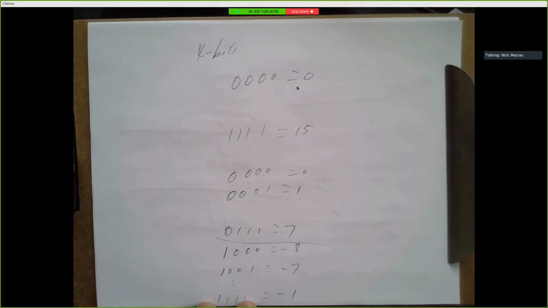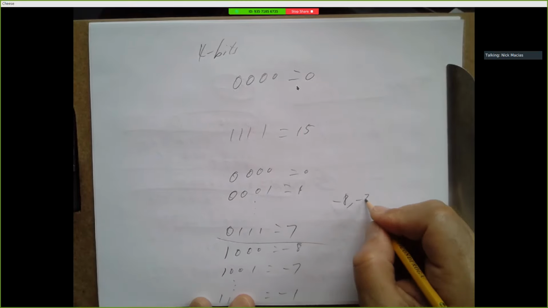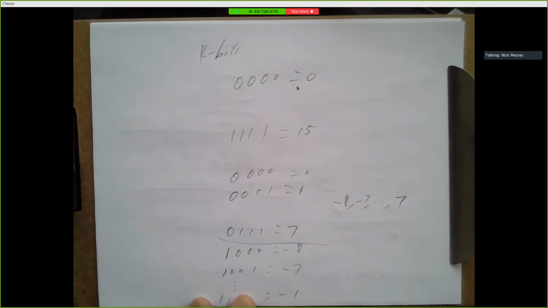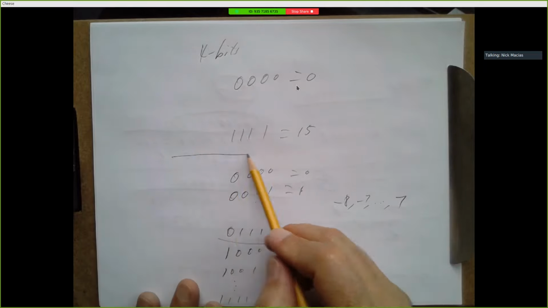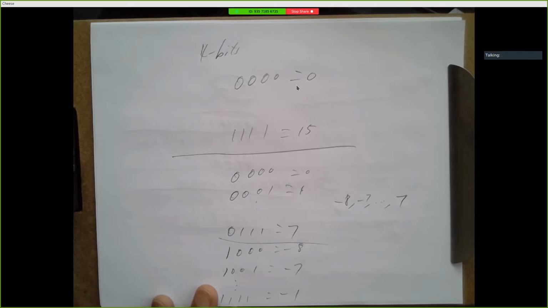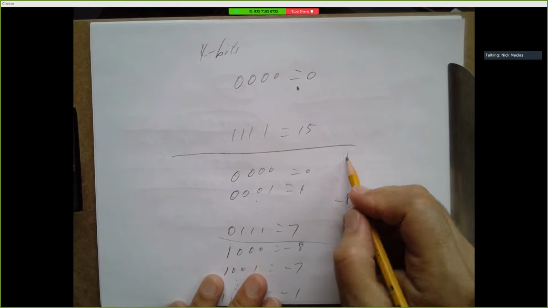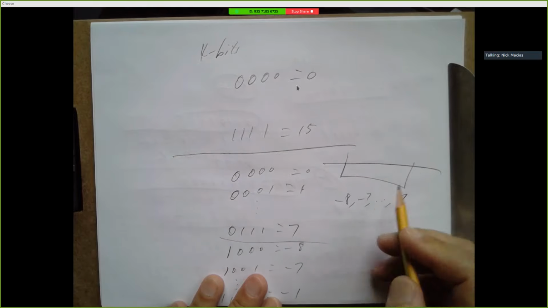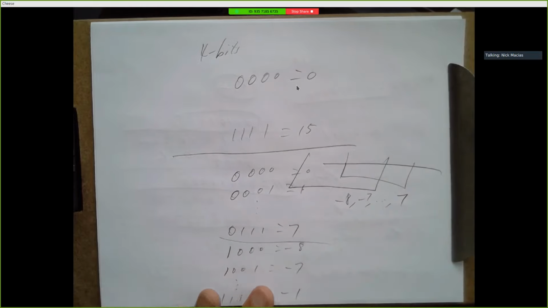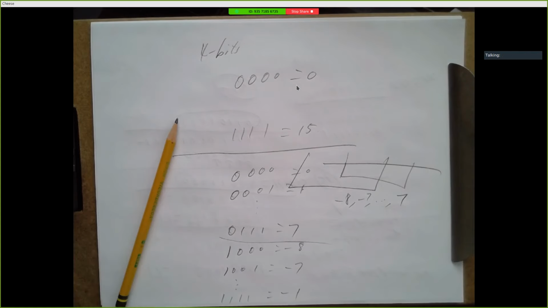So in this case, our range of values is negative 8 up to positive 7. So unsigned, 0 to 15; signed, -8 to 7. It's still 16 different numbers we can represent, but we've slid our starting point backwards, right? Instead of going from 0 to 15, we're saying let's go from -8 to +7.